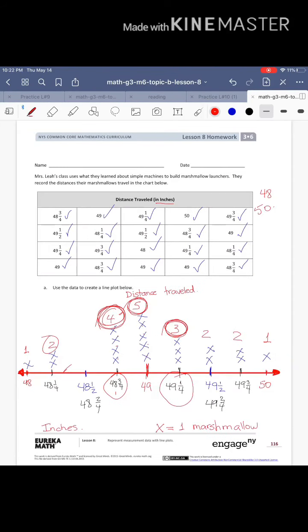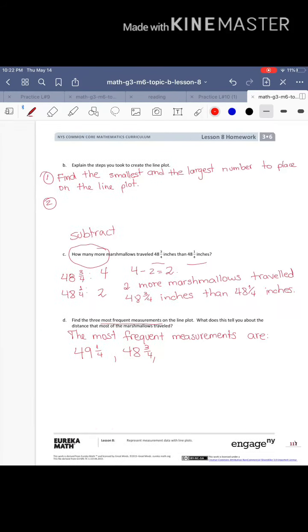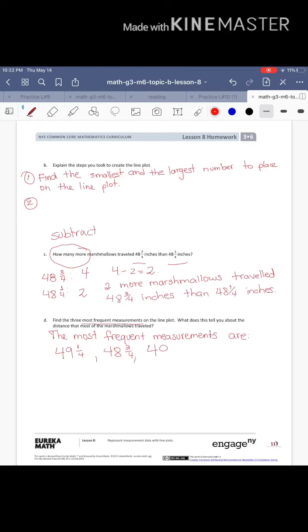The second one with 4 would be 48 and 3/4. And the third one would be 49. Those are the most frequent measures.